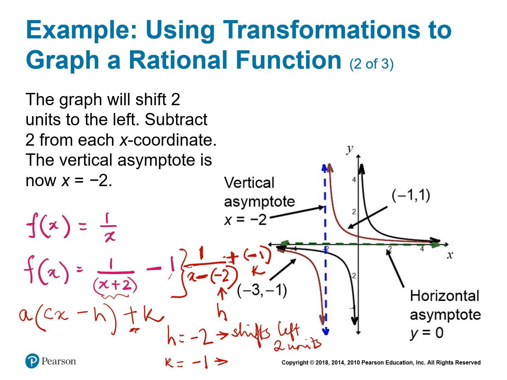When k is negative, it shifts down 1 unit along the y-axis. Shifts down vertically 1 unit.